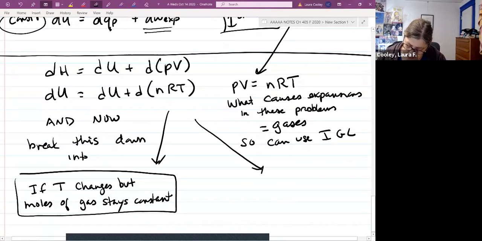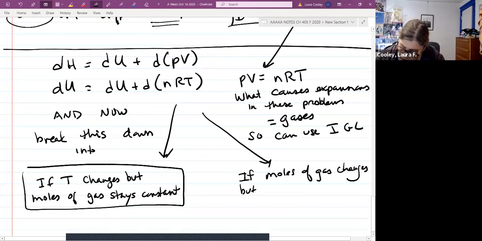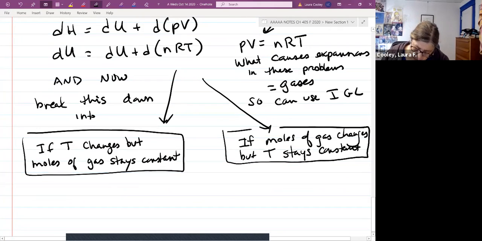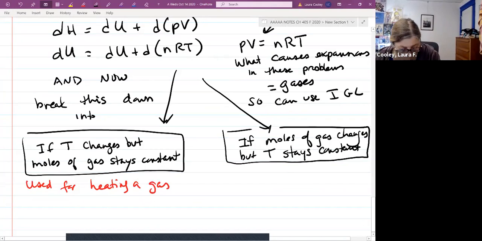And the other one is if the moles of gas changes, but the temperature stays constant. Like I said, this one on the left is used for if you're heating a gas, and this one on the right would be used like for a reaction.